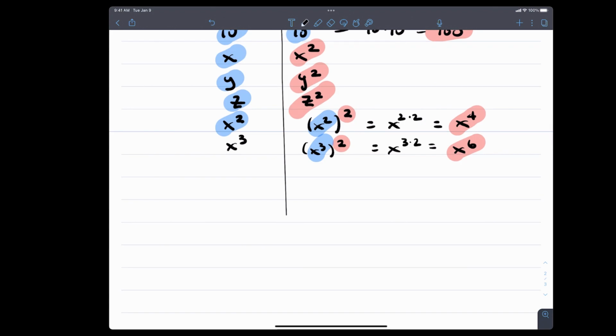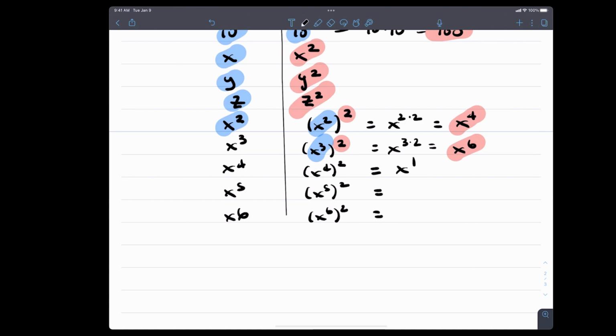Okay, now let's take the base x to the 4th, x to the 5th, x to the 6th. I want you guys to generate the perfect squares. All these things are called perfect what? Squares. This is 4 times 2. This is 5 times 2.